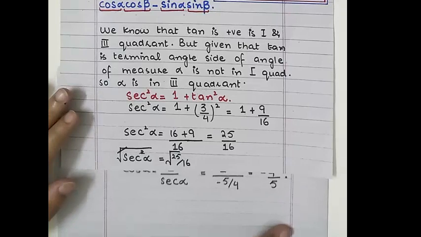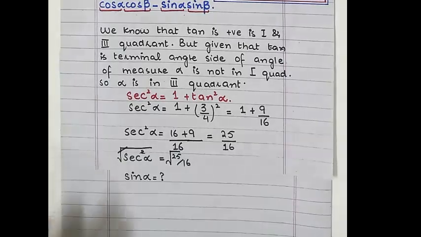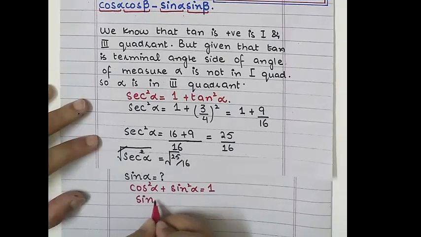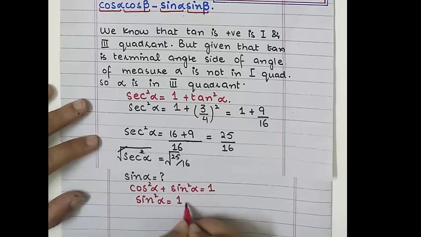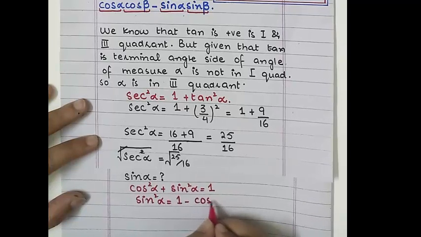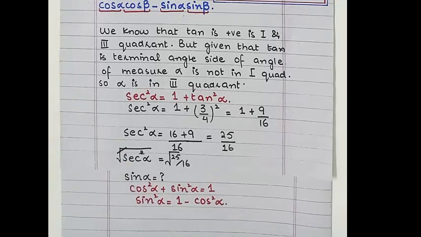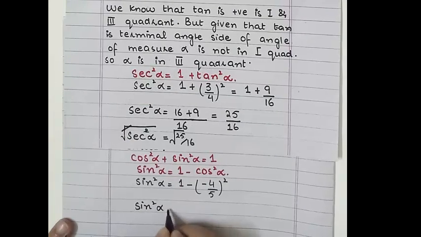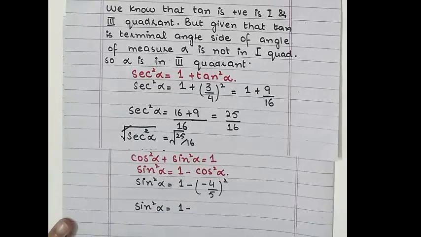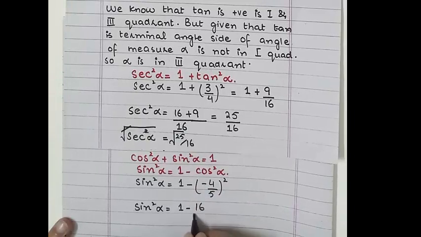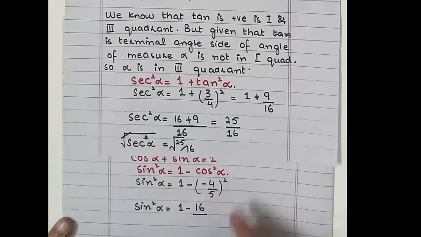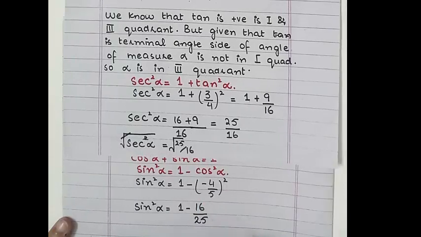Now to find the value of sin alpha, again using the fundamental identity of trigonometry, we can say sin square alpha is equal to 1 minus cos square alpha. So we will put the value in this formula. Sin square alpha is equal to 1 minus, the square of minus 4 is 16 over the square of 5 is 25.